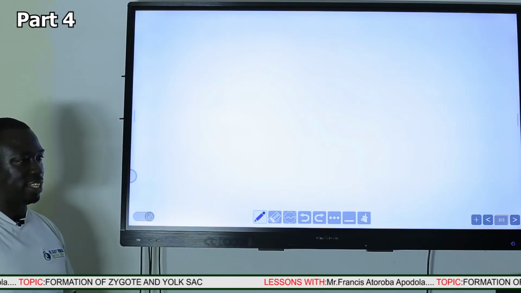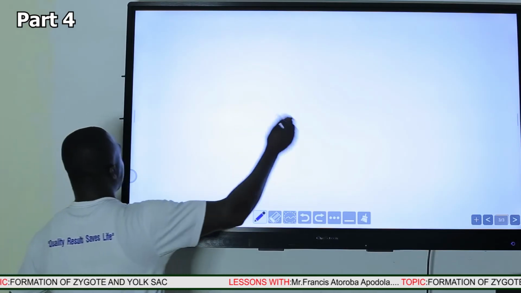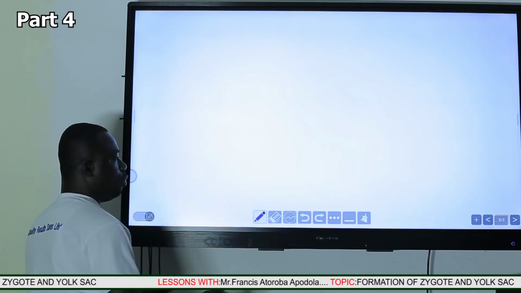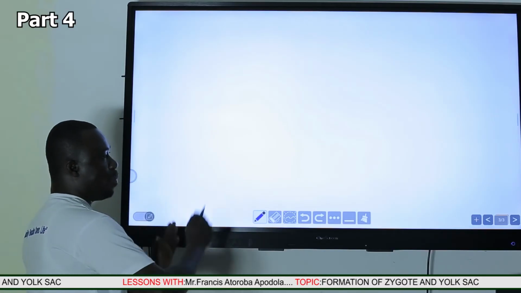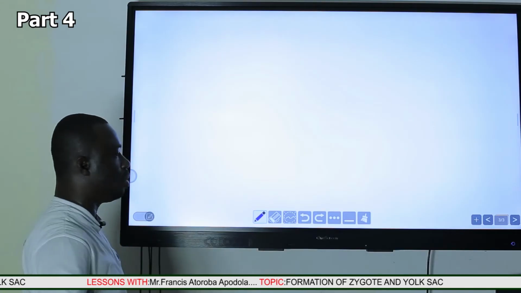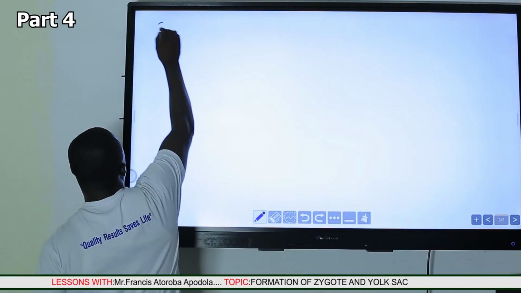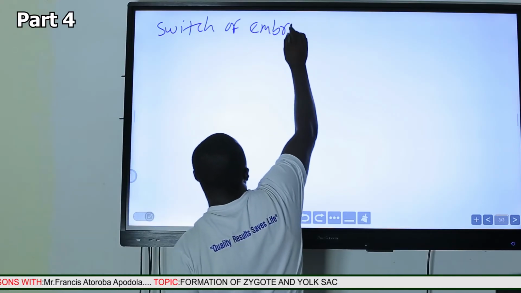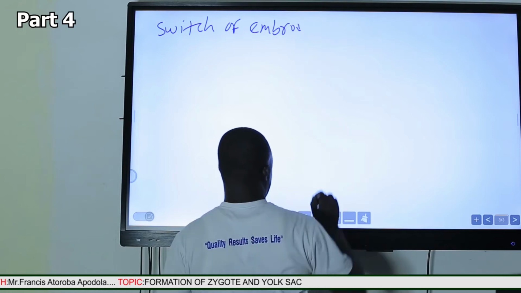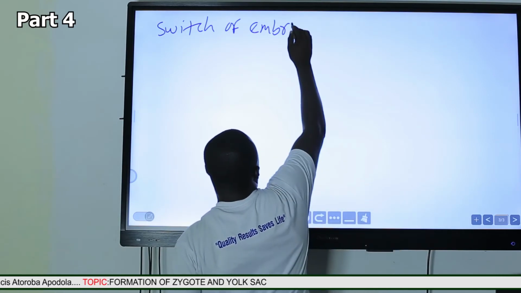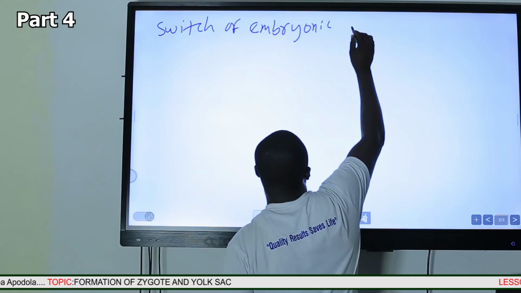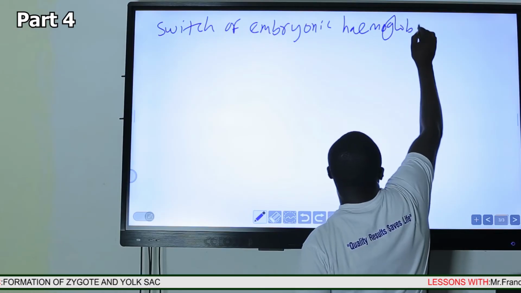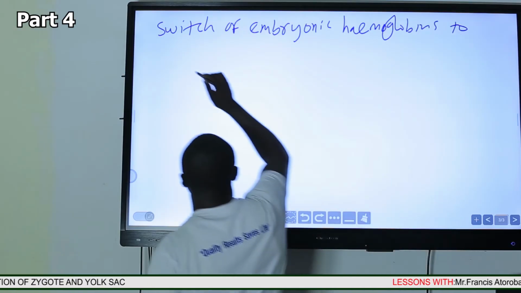We said that technically in the fetal stage there is a switch of the embryonic hemoglobins to the fetal hemoglobin.